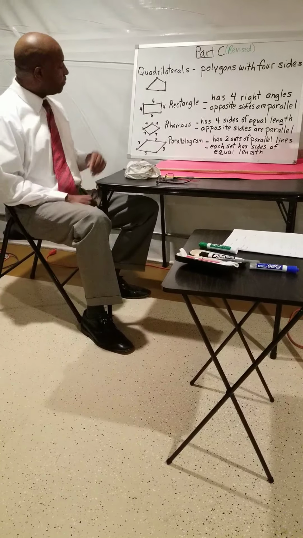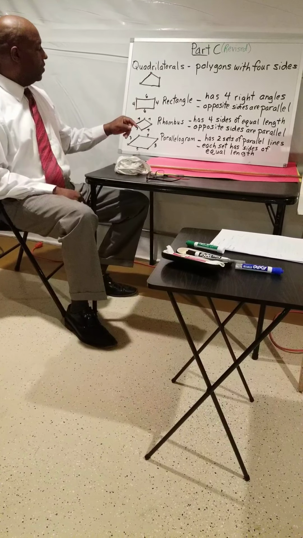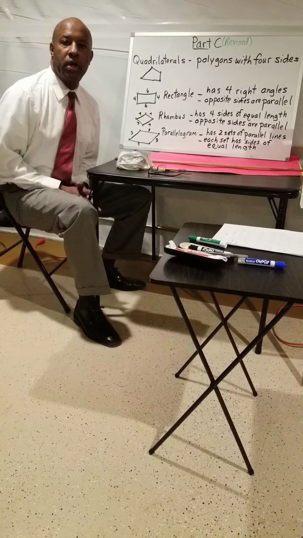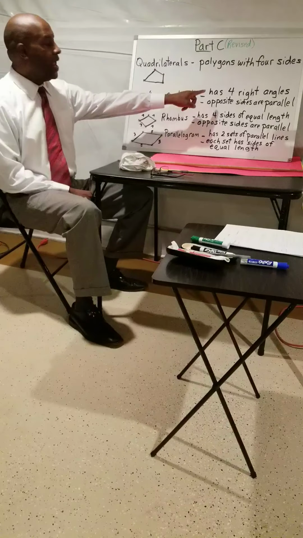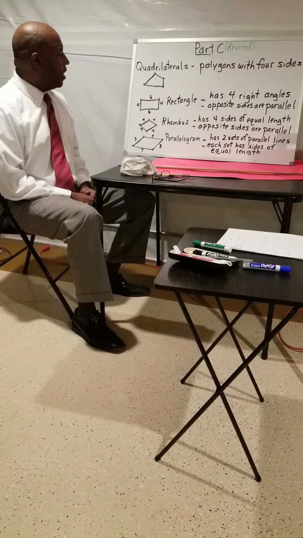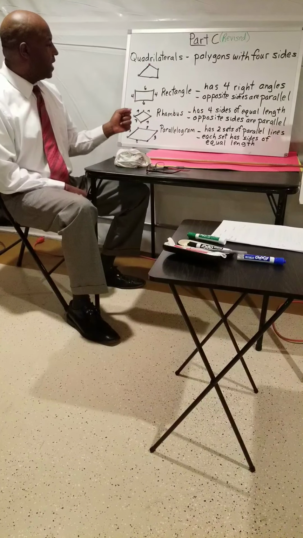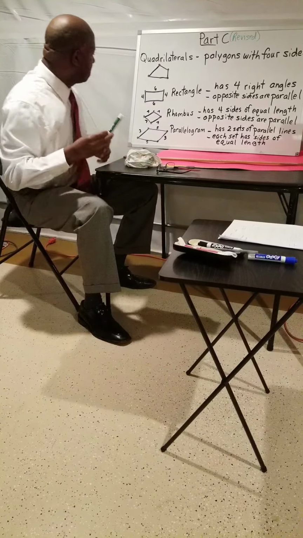Okay, now, another type of quadrilateral, or 4-sided figure, is a rectangle. So what are the attributes or characteristics of a rectangle? All rectangles have 4 right angles, and the opposite sides are parallel.